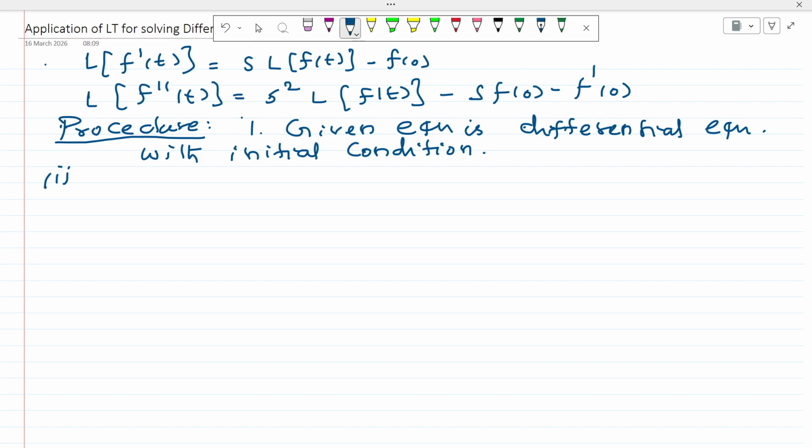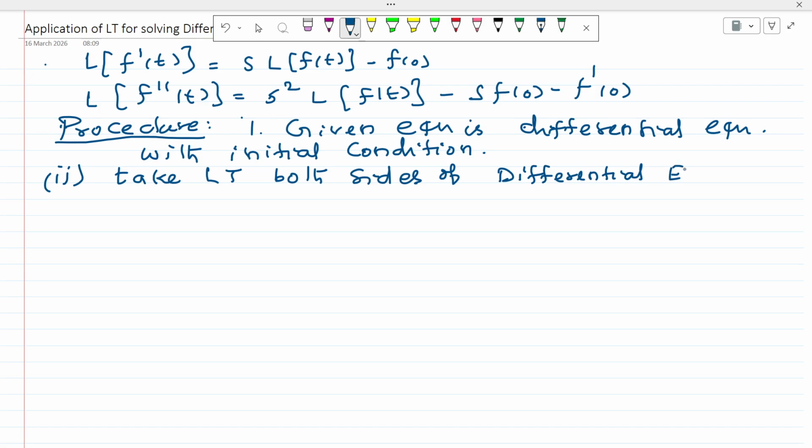Second step is take the Laplace transform on both sides of the differential equation.